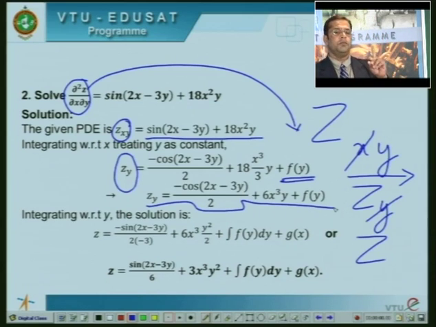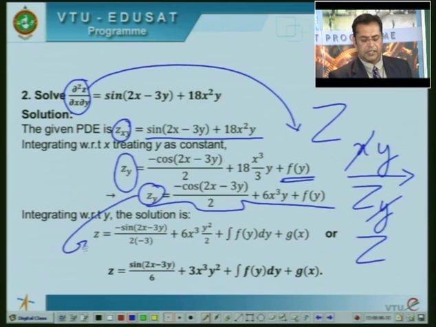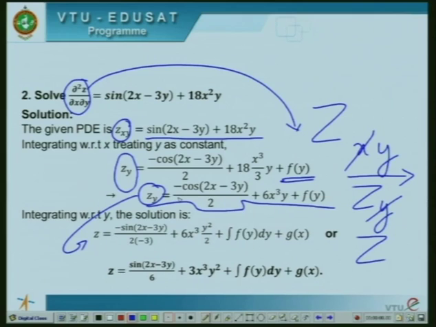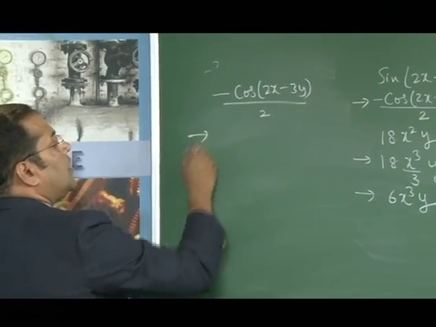Now, what is the aim? You have to get z. So, from zy you now get z by integrating with respect to y. When you integrate with respect to y, x becomes the constant. Now, integrate the expression here. So, zy changes to z, the integration of minus cos 2x minus 3y by 2 with respect to y will be what?